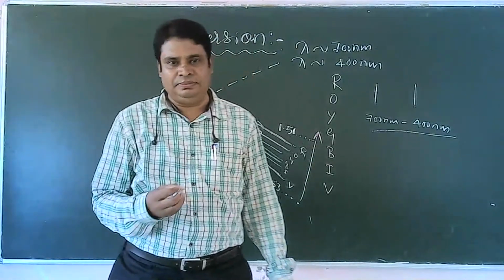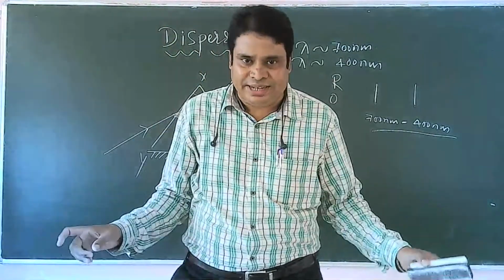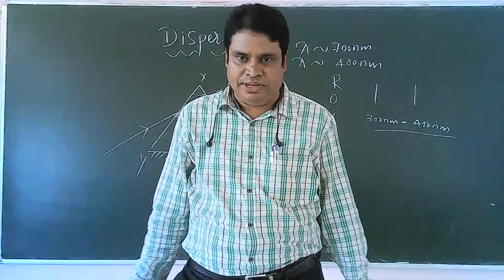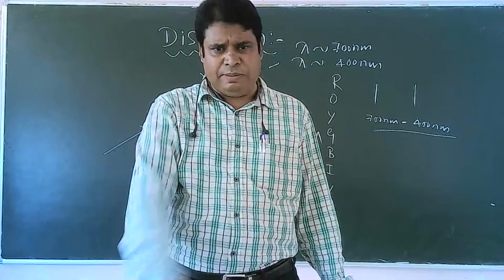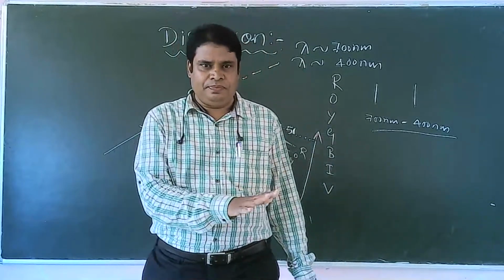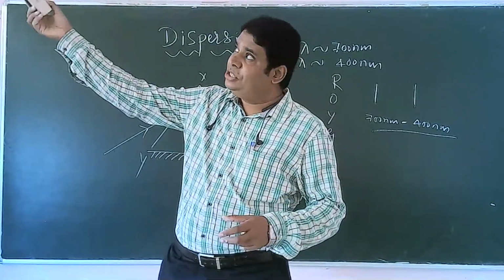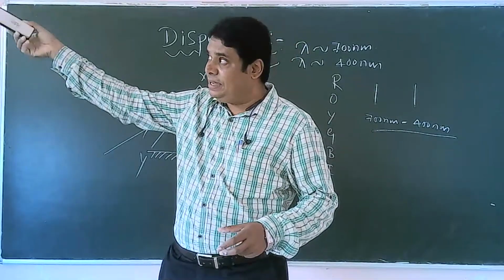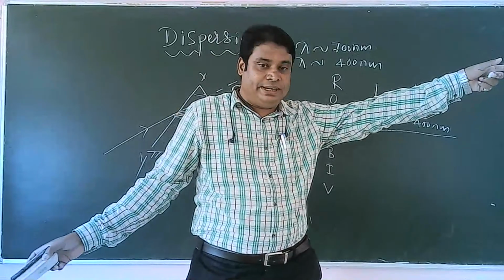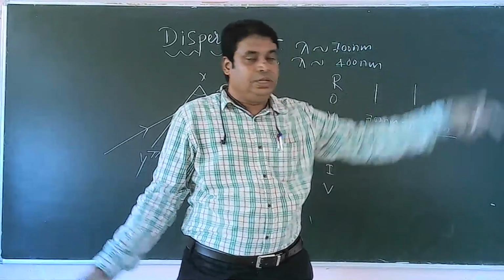Rainbow is one of the most beautiful things we observe in nature, correct? Remember, rainbow is observed when the sun is shining at one end of the sky, and it's raining at the opposite end.